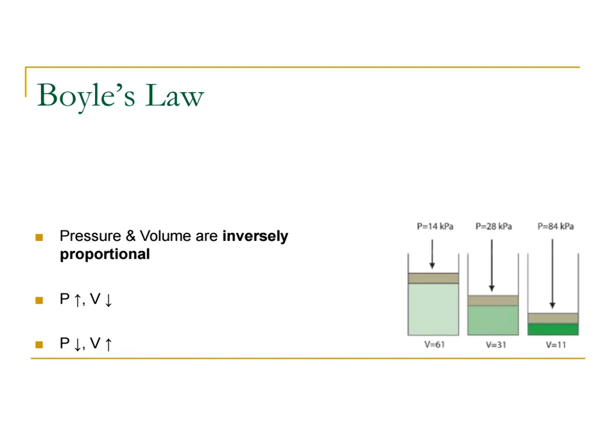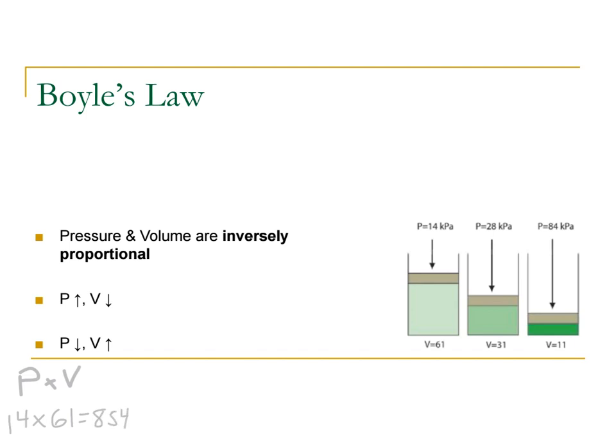And if you are to multiply the pressure times the volume, I'm just going to see what sort of thing I get. What does this end up equaling? So if I do 14 in the first case, and I multiply it by 61 for the volume that I end up getting when I measure that, I'm going to get 854.